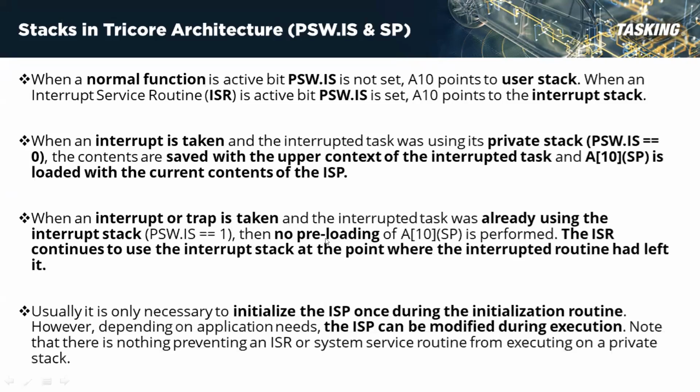Then I really don't need to preload the stack pointer in this case, because I am anyhow inside the interrupt service routine, and the interrupt service routine continues to use the interrupt stack from where I stopped the previous interrupt. Usually you need to initialize the interrupt stack pointer once, and this happens during the initialization phase. But it's totally up to you during the execution of your application to change the interrupt stack pointer to whatever value you want.